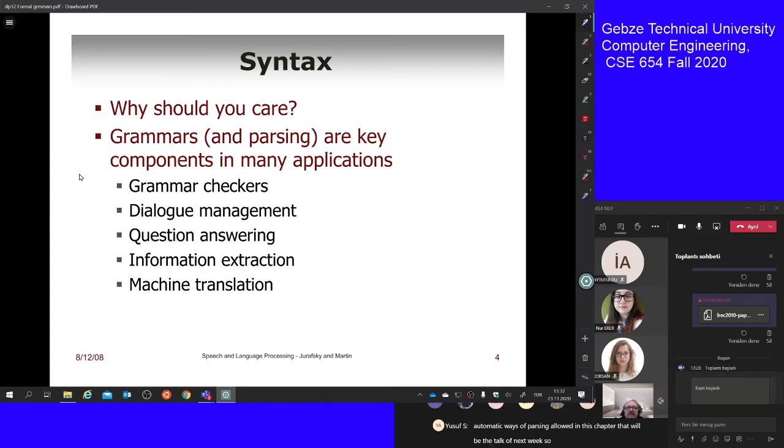So if we are successful at producing grammars for a language, where are we going to use them? These are some sample applications. One of them is, for example, grammar checkers.